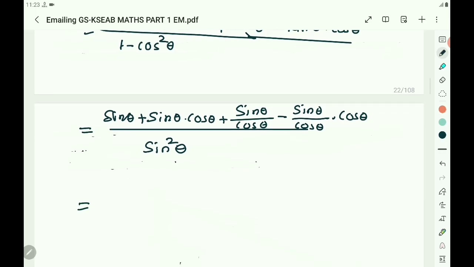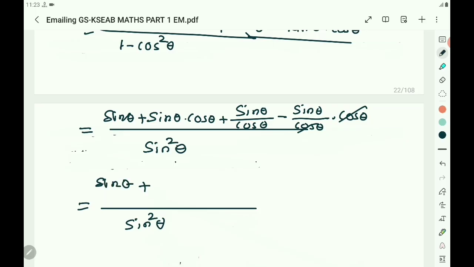Now write sin square theta as it is. Then cancel this cos theta, cos theta. Here what is remaining?